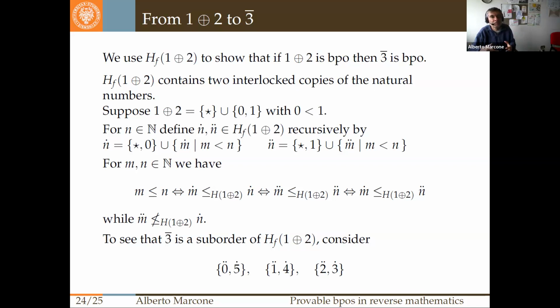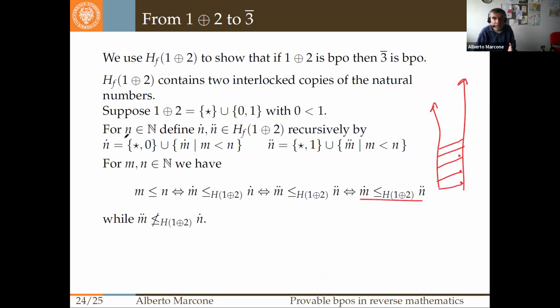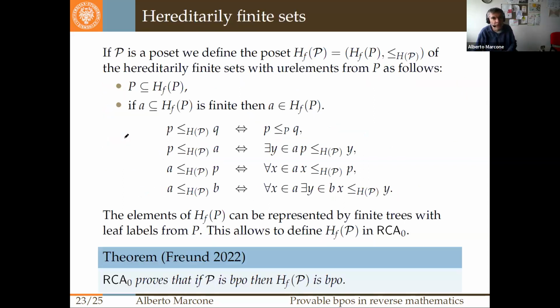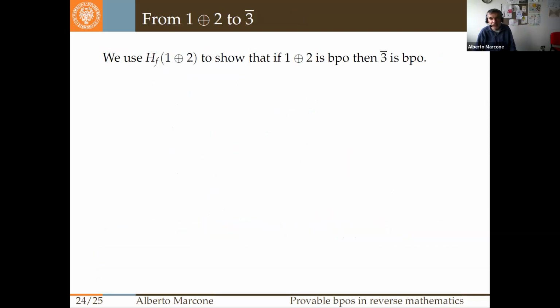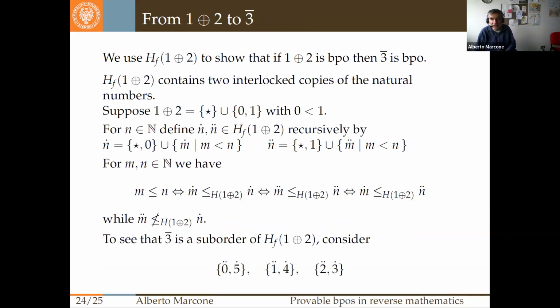Obviously, the big part of the proof, which I sort of hid, is showing, via the theorem by Anton that I showed here on the bottom of my slide, that this operation of doing this hereditarily finite construction with your elements preserves better partial orders. That's really the key of the thing. And then you do something like that, and you notice this, and so you prove that 1 plus 2 equals 3. And I hope you are more impressed by this than my daughter was.